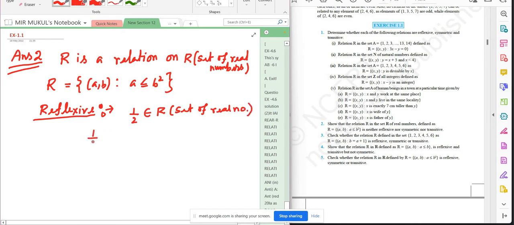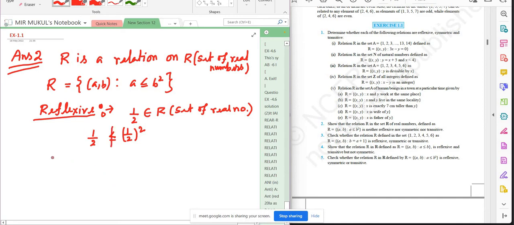But 1 by 2 is not less than or equal to (1 by 2) square.